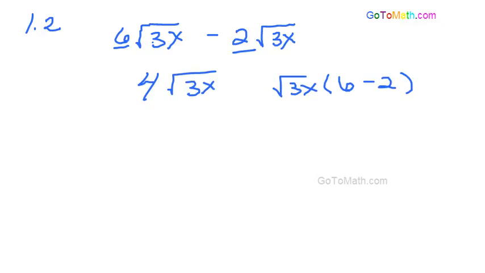All right. Okay. Looking at another one here, so we have 2 times the square root of 5x plus 3 times the square root of 5x, and then minus 8 square roots of y.